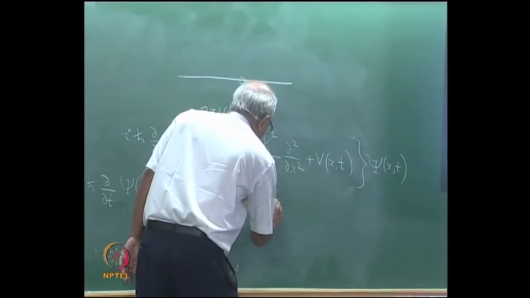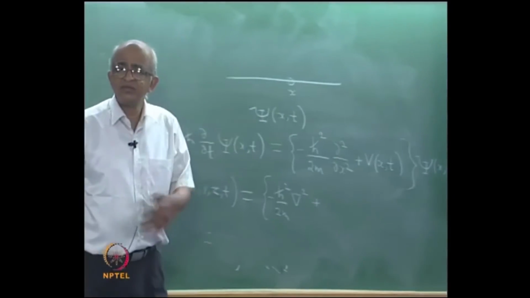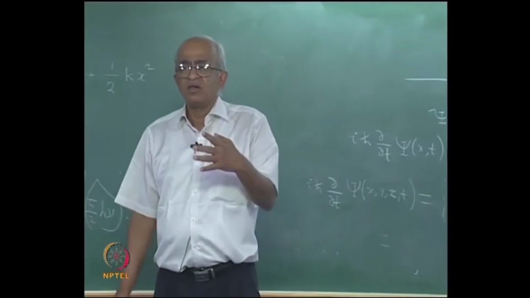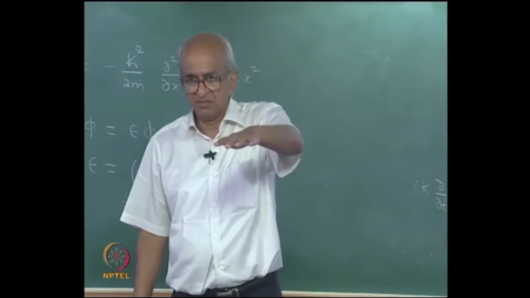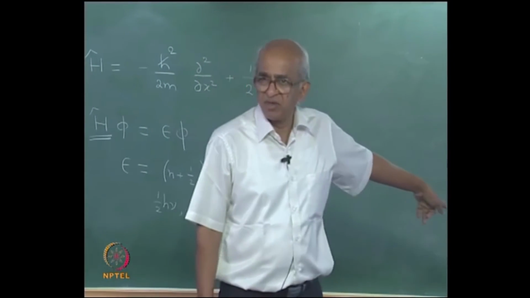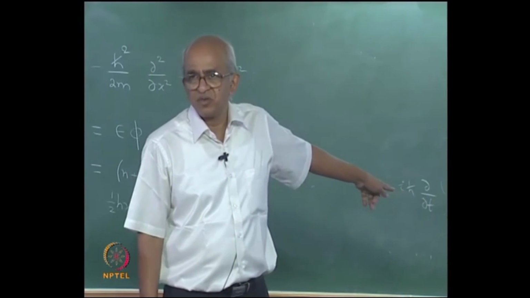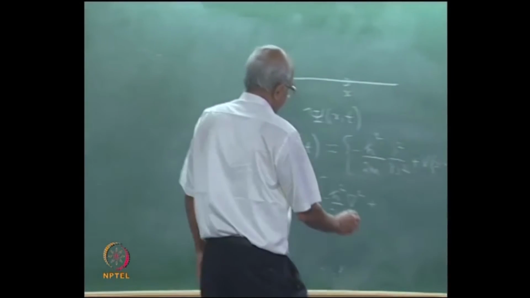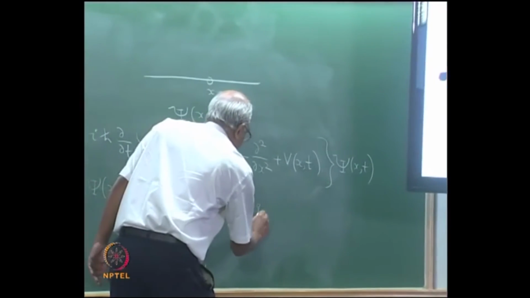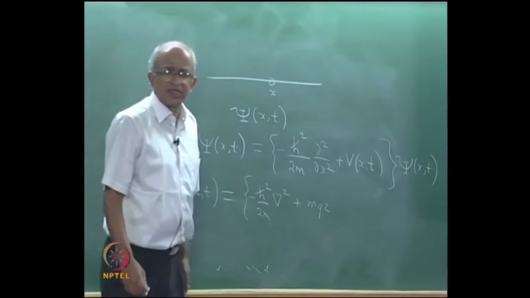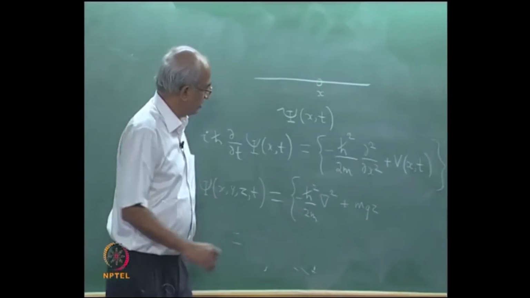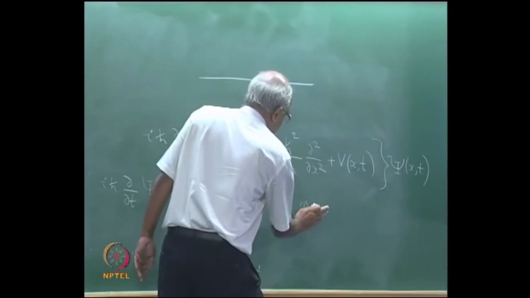Now, if you had included the gravitational energy, then what will happen? You will actually have a potential energy there which will be of the form mg z. If you decide to include the gravitational energy, but normally it is not important, so we are not going to do that.